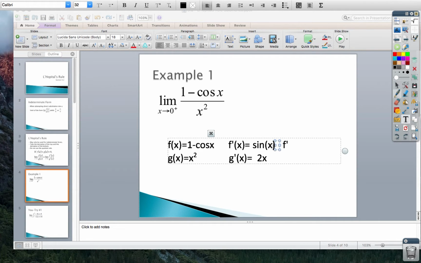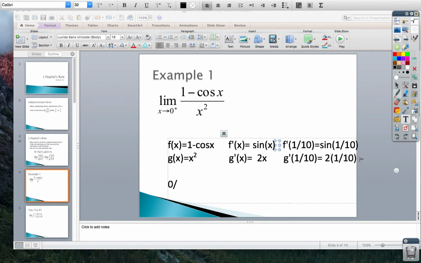Instead of x, we're going to substitute 1/10, because that's approaching 0 from the positive side. So we get sine of 1/10 for f prime, and for g prime we get 2 times 1/10. When we simplify this, sine of 1/10 is pretty darn close to 0, so we're going to say 0.